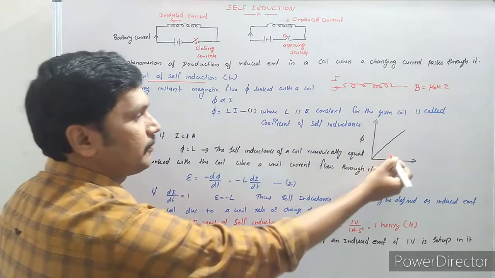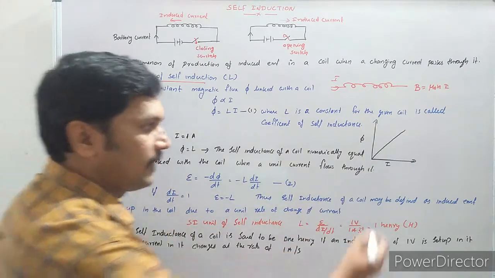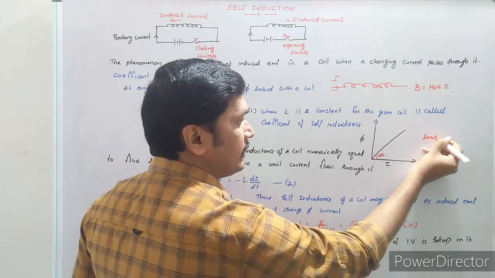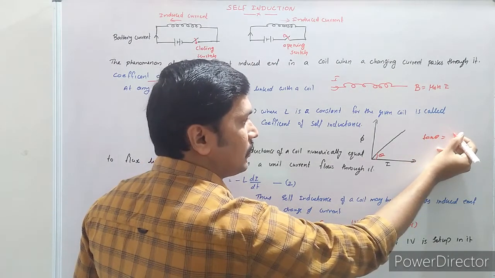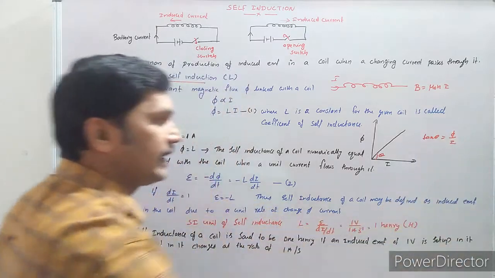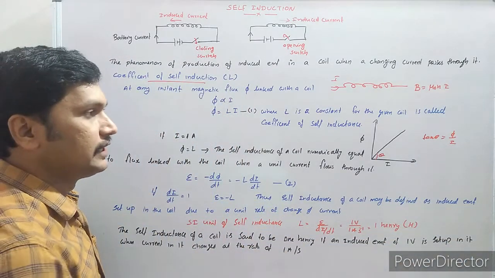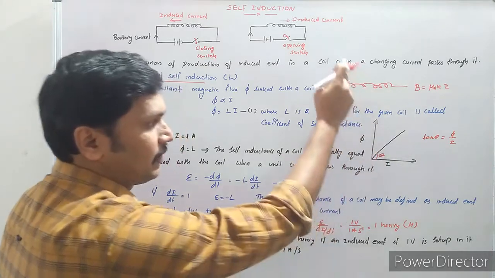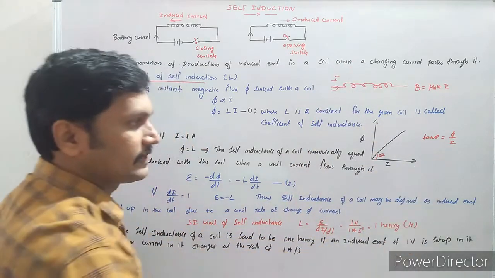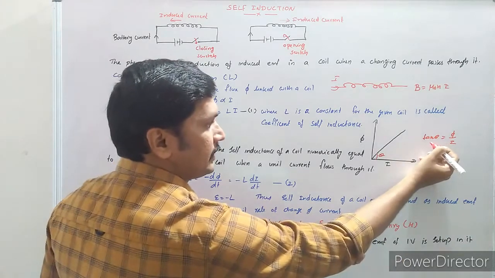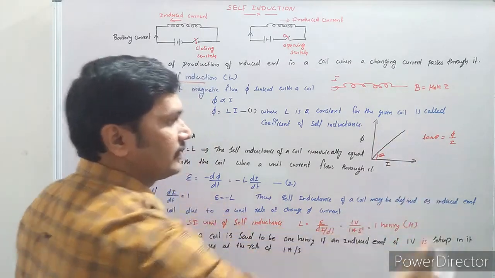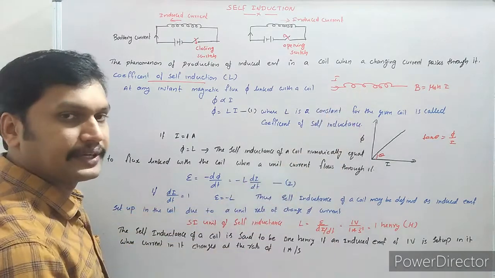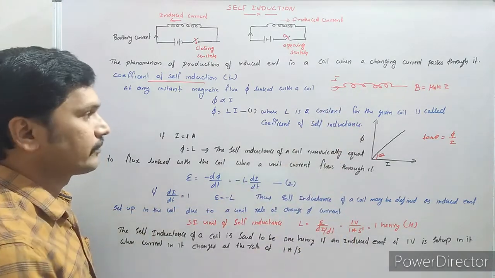The slope of this graph, tan theta, is equal to phi by I. Flux is taken on the y-axis and current on the x-axis, and the slope of this graph is phi by I. That is the self-inductance of that solenoid or coil.